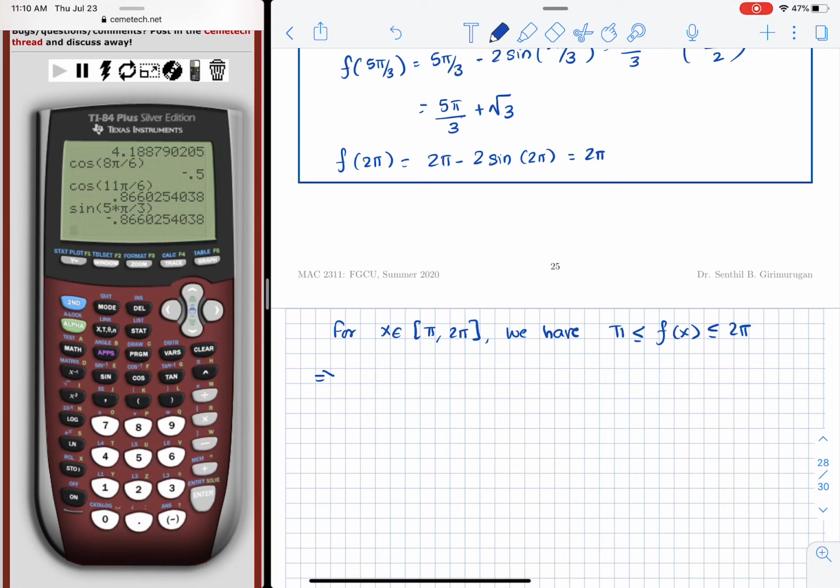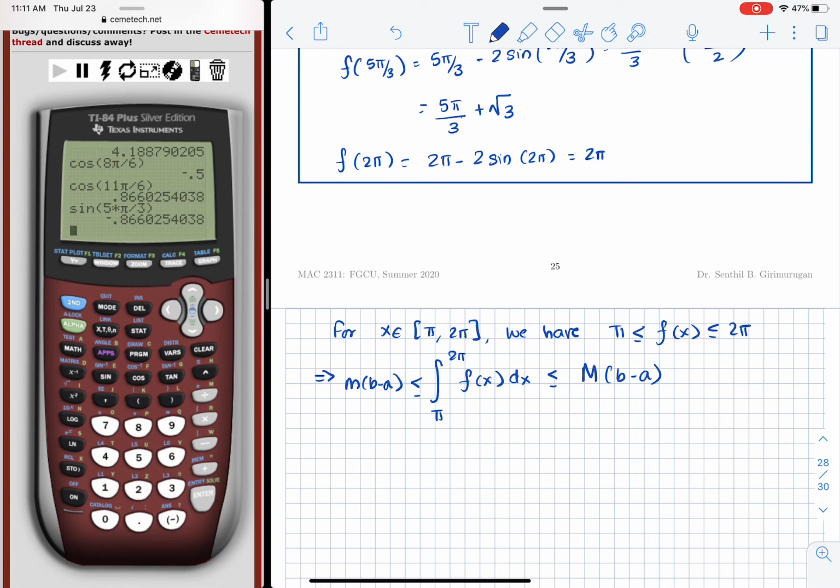This would imply the integral of the function, which is x minus 2 sine x, has to lie between lowercase m times b minus a and uppercase M times b minus a.